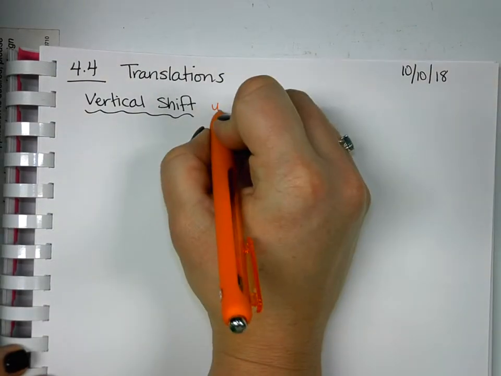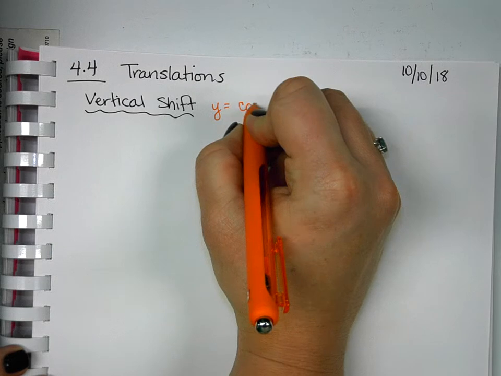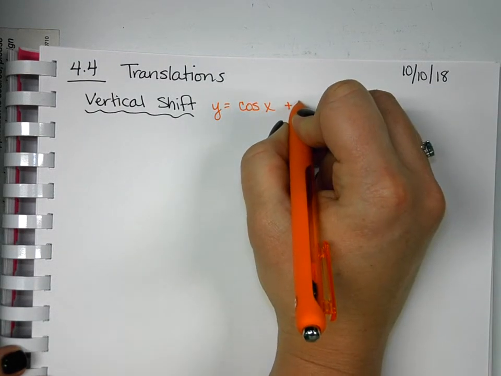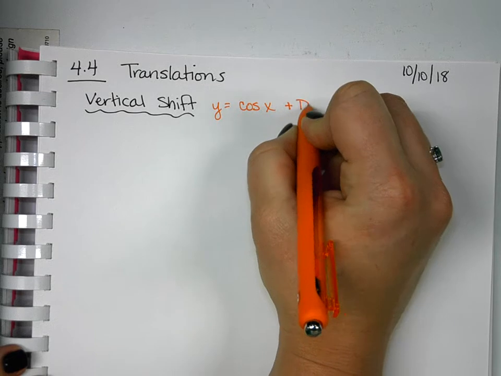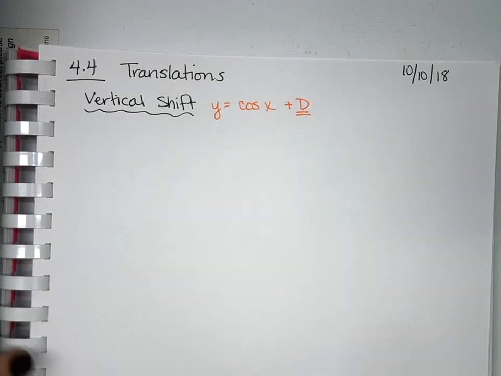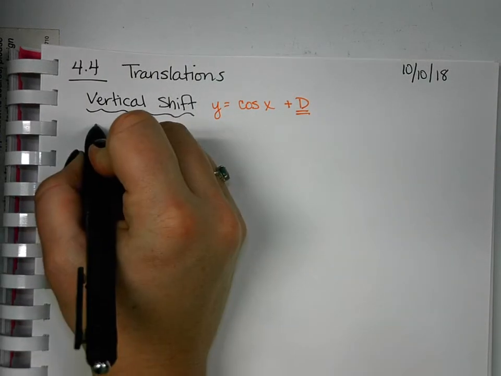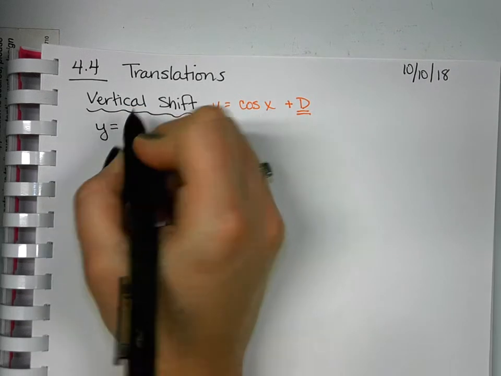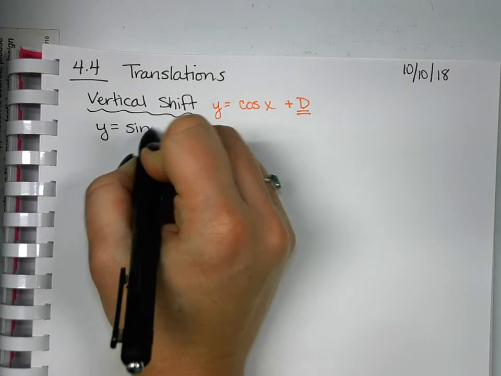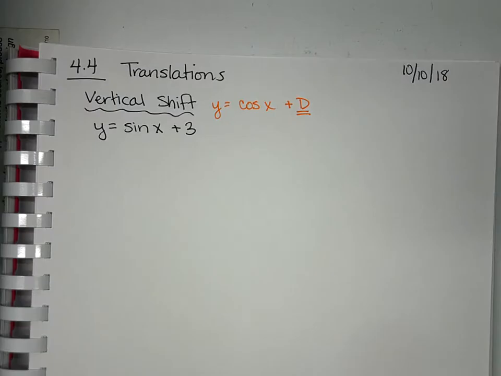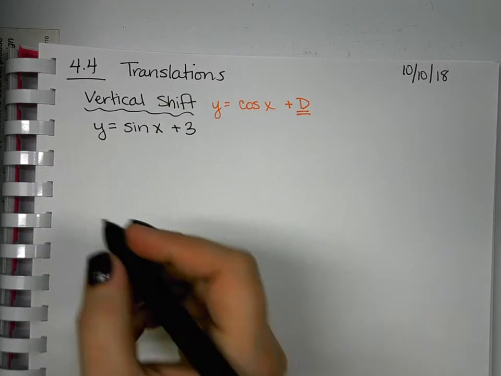When our equation has something added outside of our cosine or sine function, that's going to tell us our vertical shift. So if I have something like y equals sine x plus 3, right away I know I'm going to be shifting up 3.